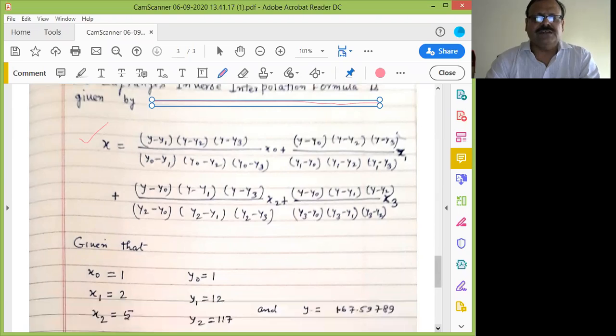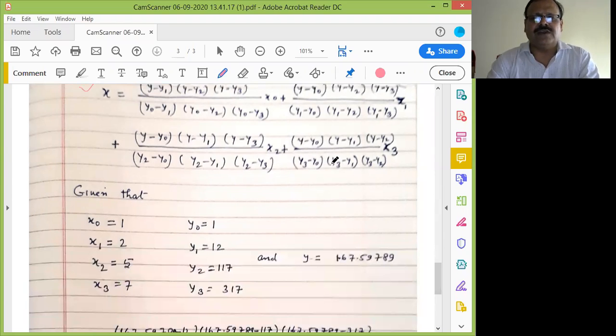So there are 4 terms here also: x naught, x1, x2 and x3. Given that x naught is 1, x1 is 2, x2 is 5, x3 is 7, y naught is 1, y1 is 12, y2 is 117, y3 is 317. Y is equal to 167.5978, and corresponding to this value we want the value of x. This is our purpose in applying this formula.